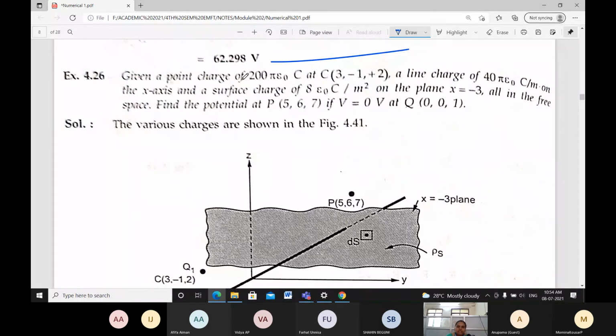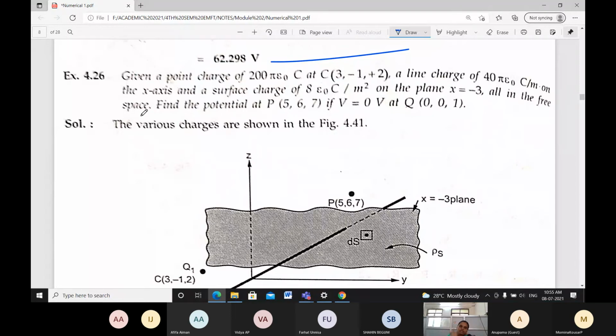Given a point charge of 200 pi epsilon naught coulombs at C is 3, minus 1, plus 2, a line of charge 40 pi epsilon naught coulombs per meter on the x-axis, and a surface charge of 8 epsilon naught coulombs per meter square on the plane x equals minus 3, all in free space.